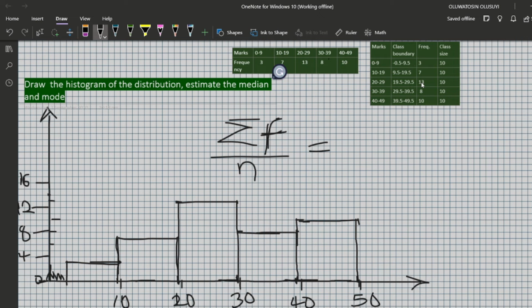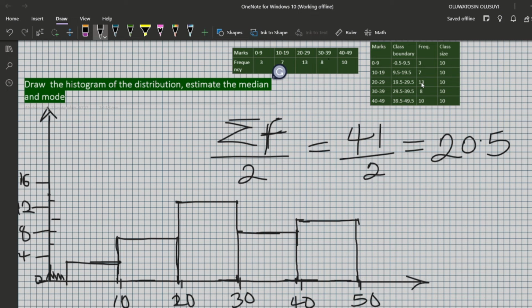Everything is 41. So I have 41 divided by 2. Sorry, here should have been 2. It's supposed to be 2. And that will give us what? 41 divided by 2, so I have 20.5.